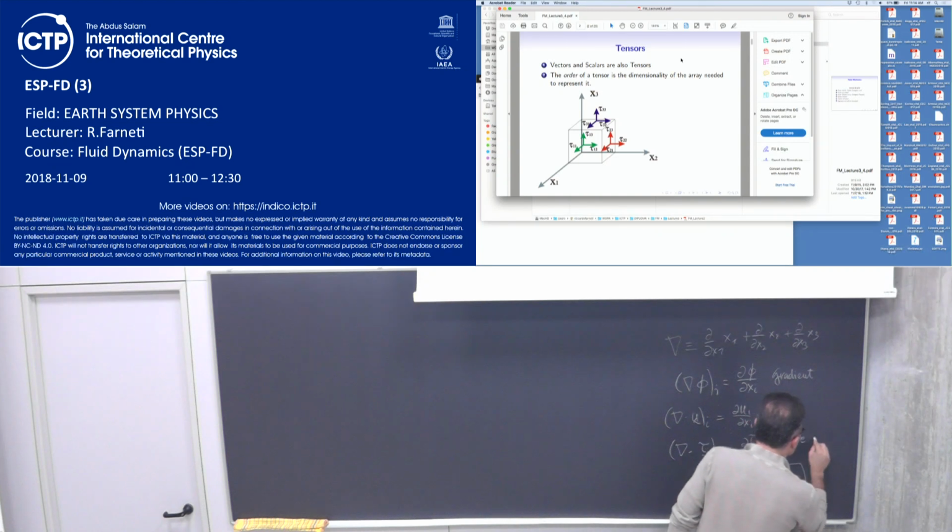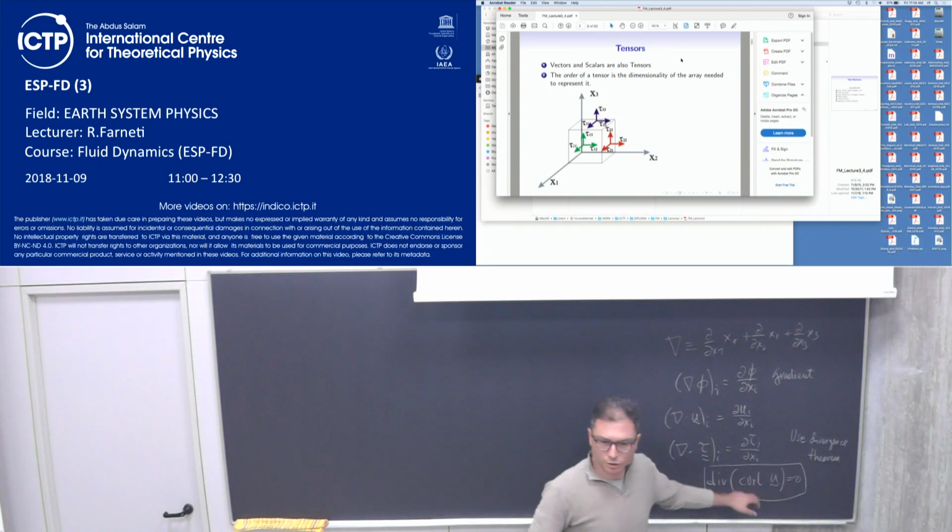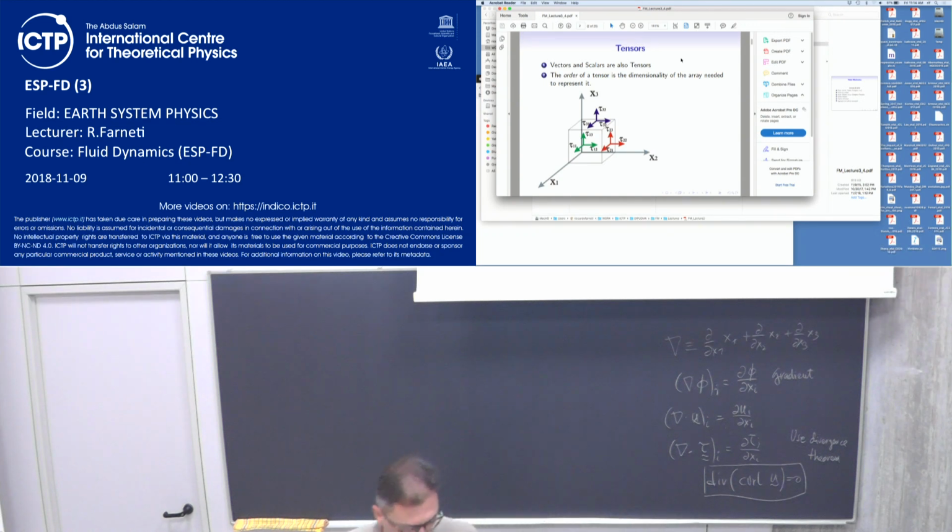So use divergence theorem, prove the divergence of the curl is equal to 0. You can do it very formally mathematically, or you can do it in a more physical way using an example of a control volume. Okay, just try it. We're going to do it in class next time. It's just a nice application of using the divergence theorem and the divergence of the curl in tensor notation.